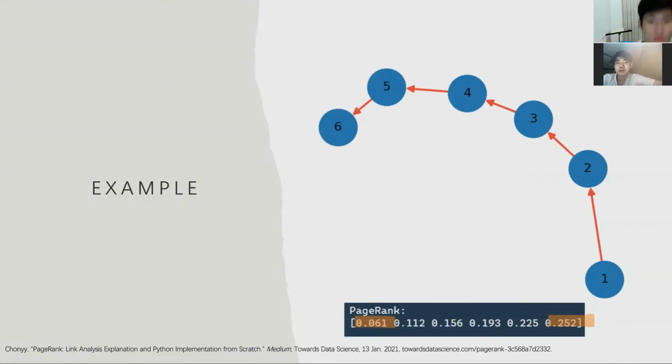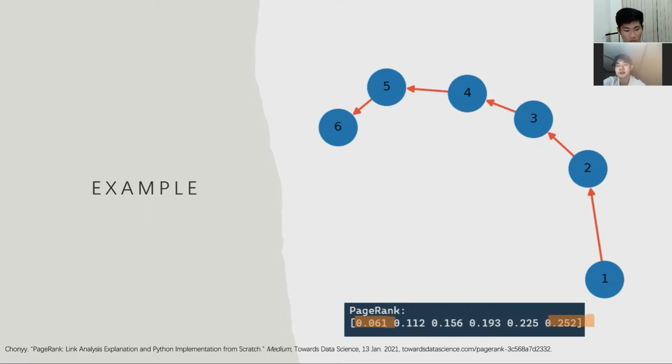Okay, so here's the first example we brought to you guys to visualize how PageRank works. As you can see in the picture, there are in total 6 nodes, and node 1, which is website 1, has the lowest PageRank score, and node 6 or website 6 has the highest PageRank score.